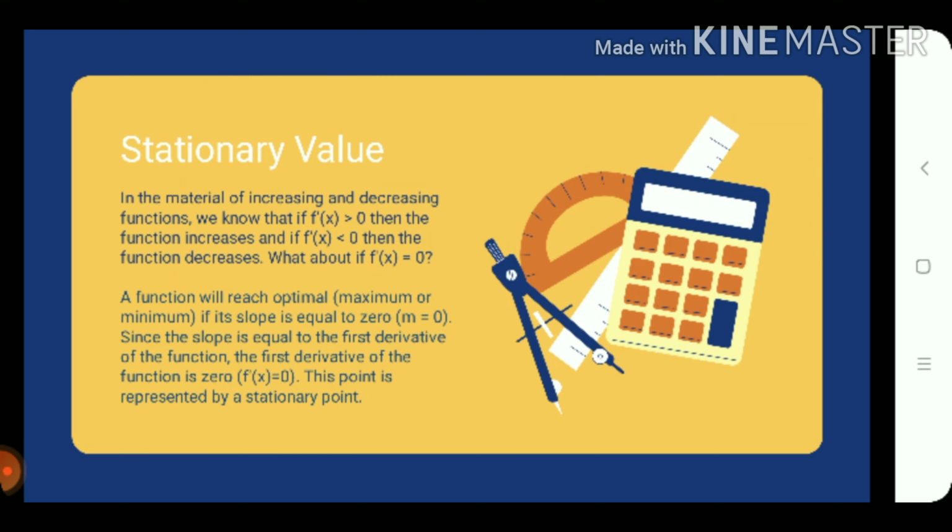A function will reach an optimum, maximum or minimum, if its slope is equal to 0, m = 0. Since the slope is equal to the first derivative of the function, the first derivative of the function is 0, f'(x) = 0. This point is represented by a stationary point.